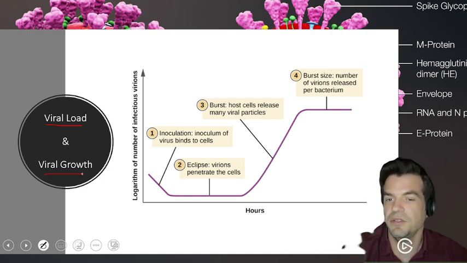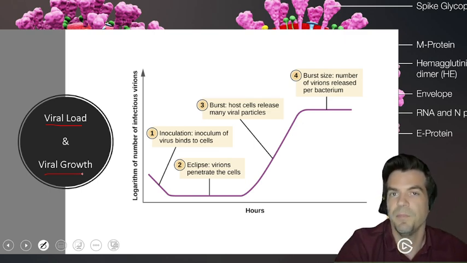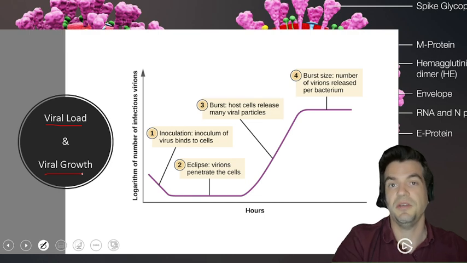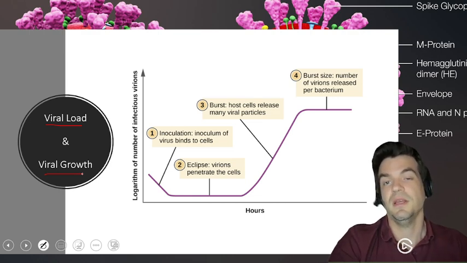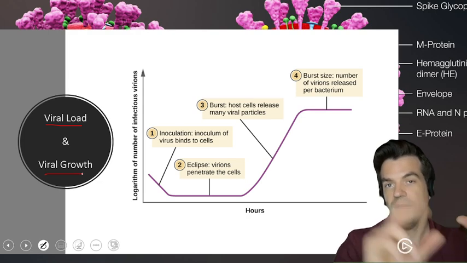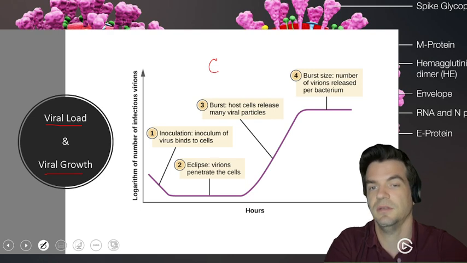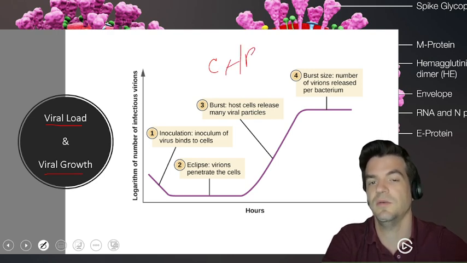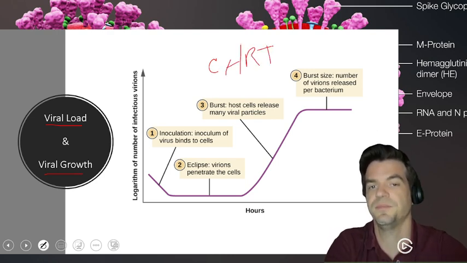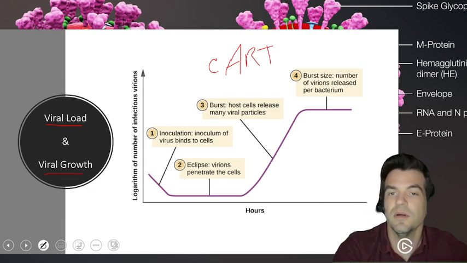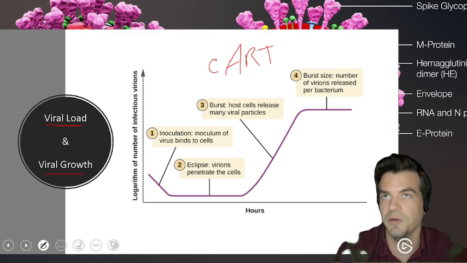An interesting example of this is HIV. Patients who have HIV can get their viral load down by using a cocktail of drugs, or CART, combined antiretroviral therapy, or sometimes it's just ART, antiretroviral therapy.